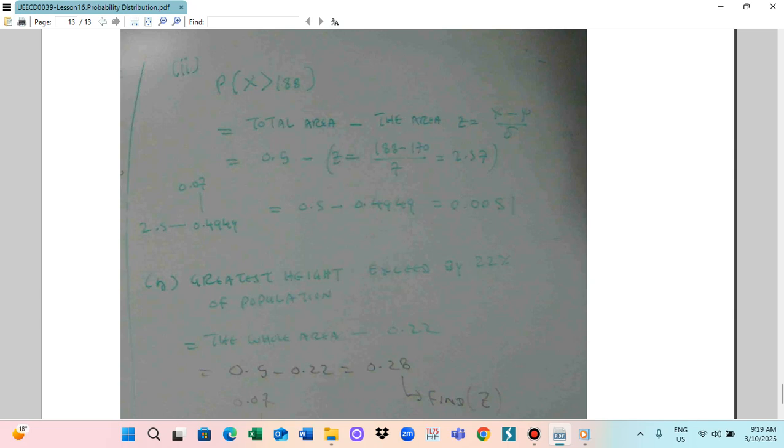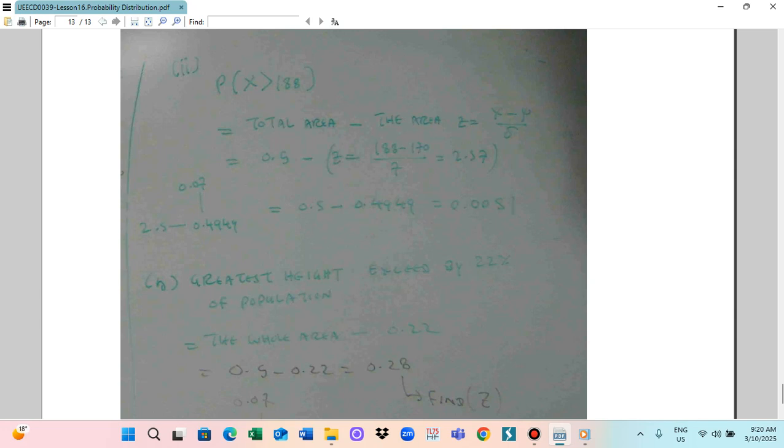The total area is 0.5. So Z is equal to 188 minus 170 divided by 7, which becomes 2.57.